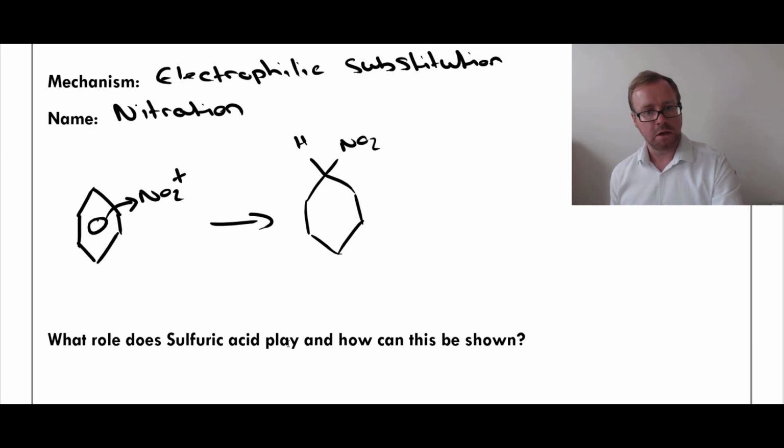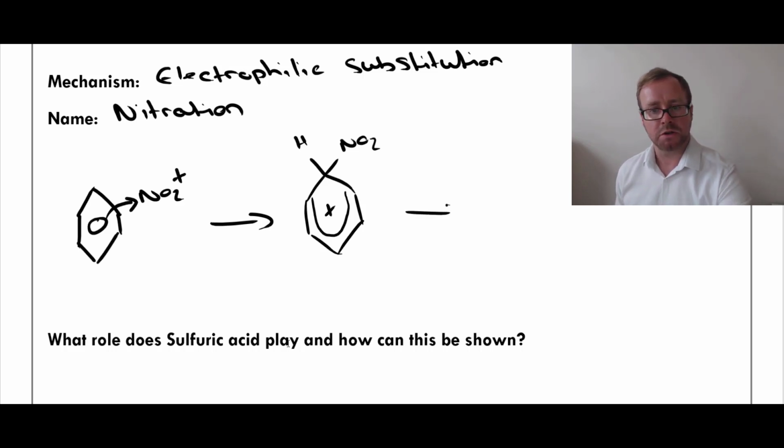But that also means that we break this pi delocalized electron structure. And because we've removed 2 electrons to form this bond, we have a partial positive delocalized electron ring.